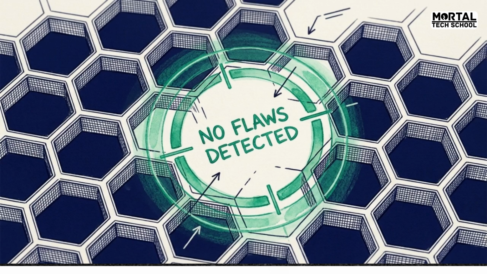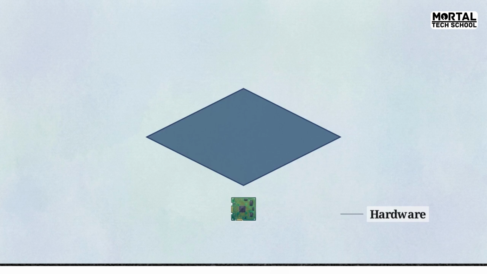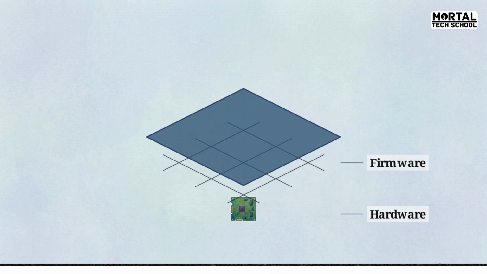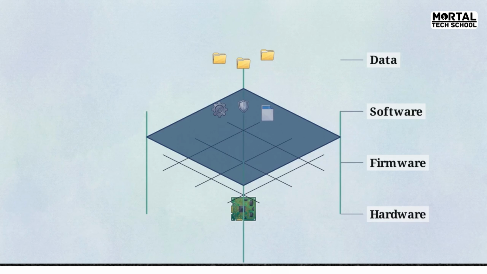To actually secure a system, we have to look at what we're protecting. This 3D architecture shows the 4 layers of any computing device. At the base, we have the physical hardware, the memory and disk drives. Above that sits the firmware. Then comes the software, like your operating system and applications. And finally, the electronic data you generate. Notice this firmware layer in the middle.